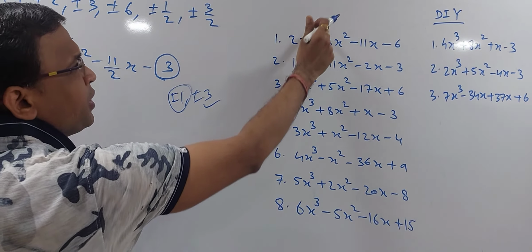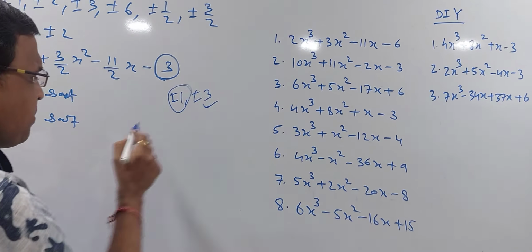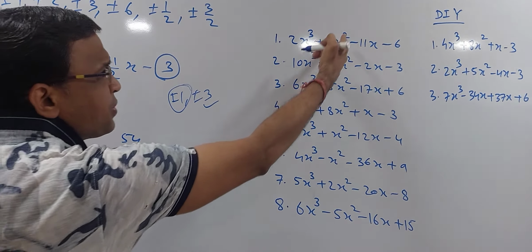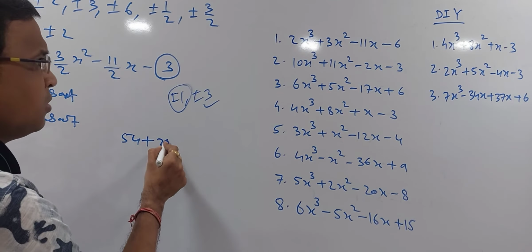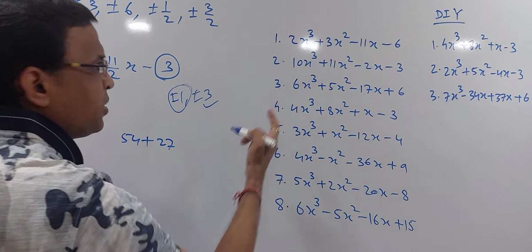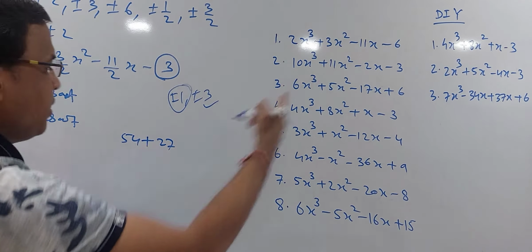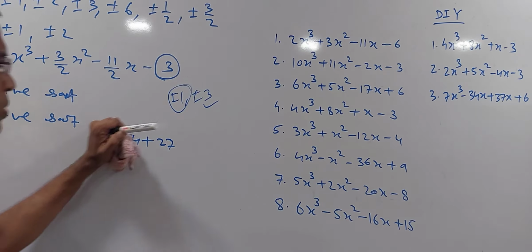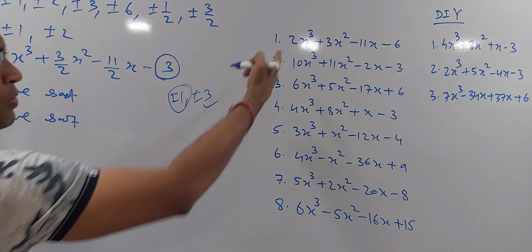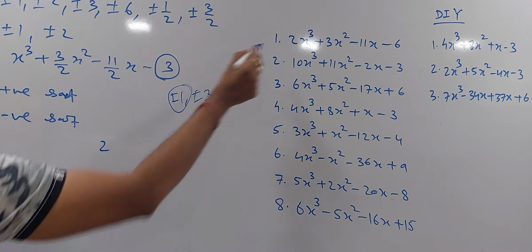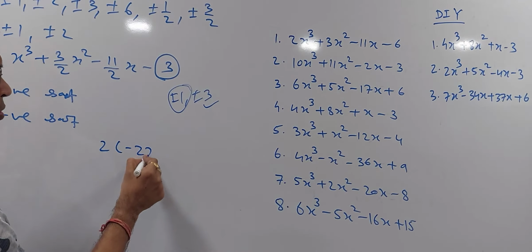Orally, 3 cube is 27, 27 2s are 54. Then 3 square is 9, 3 nines are 27. Then 11 into 3 is 33, and minus 6, 39. It won't be possible, so 3 is not a root. So let's try minus 3. It will be 2 into minus 3 cube, which is minus 27, so minus 54.